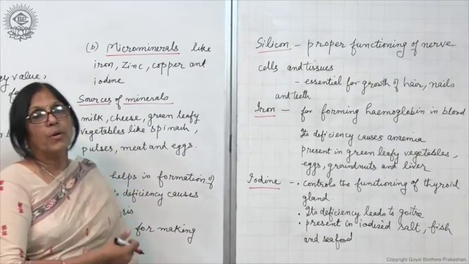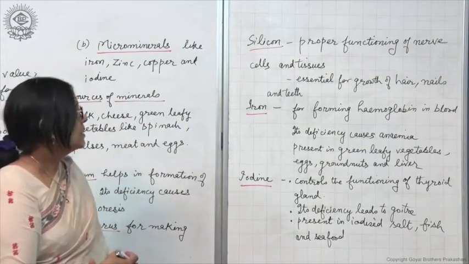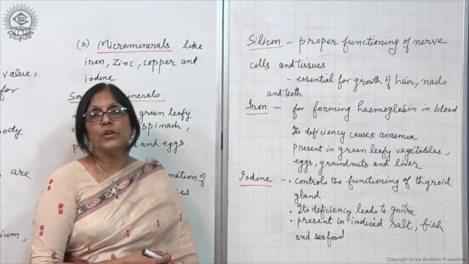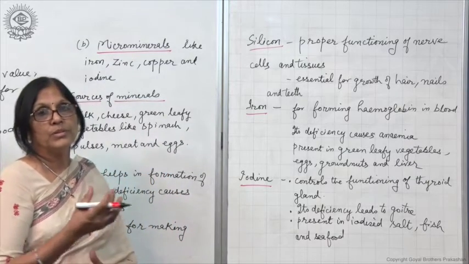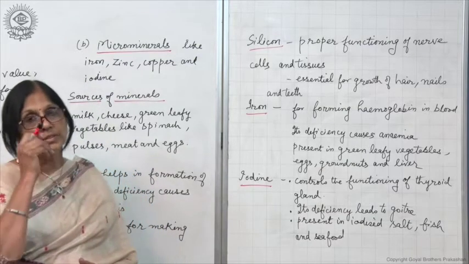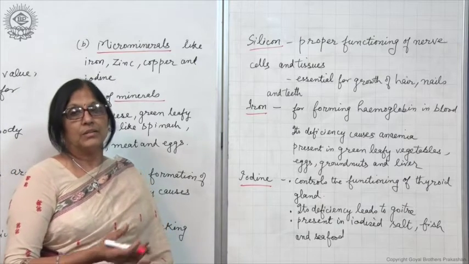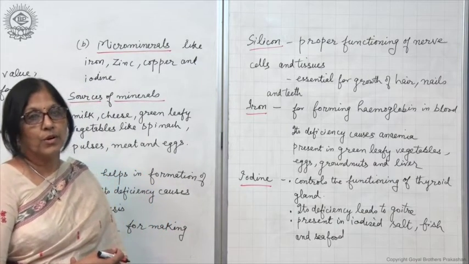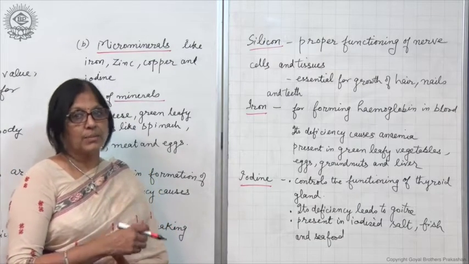Then another very important mineral is iron. Iron helps in the formation of hemoglobin, which is present in the blood. Now, hemoglobin is a very important component of the blood. It carries oxygen to different parts of the body from the lungs, where oxygen is used for breaking the food to release energy, and carbon dioxide.